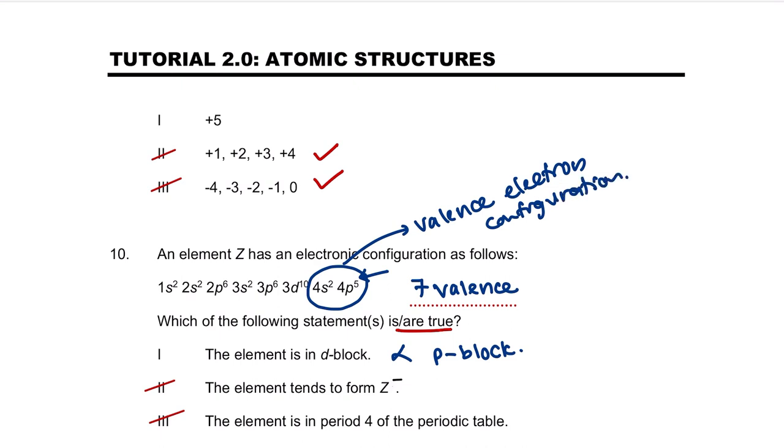So the number of valence electrons would be 7, and we all know from SPM, if you have 7 valence electrons, you are going to accept 1, and that would make your ion a singly negative ion. And finally, the element is in period 4 of the periodic table. Yes, because as you can see, the highest principal quantum number here is 4, so that refers to the period. Okay, so that's a little bit of a teaser for what is coming up in week 5.